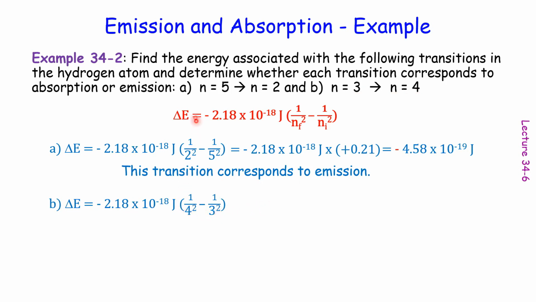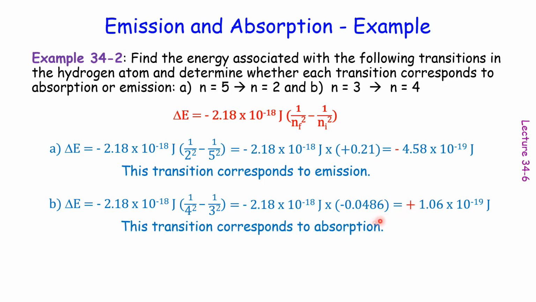Again, we apply the same equation, but now Nf is 4, Ni is 3, and this should give us a positive energy change value, 1.06 times 10 to the 19 joules. Because this energy change is positive, this transition corresponds to an absorption process.